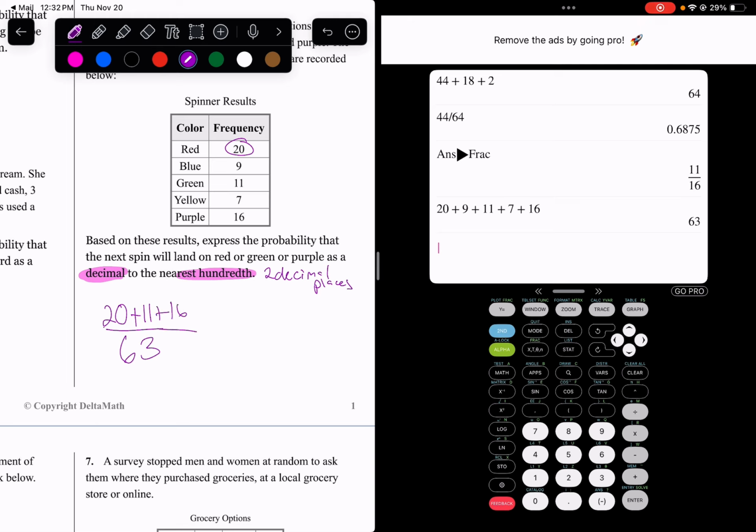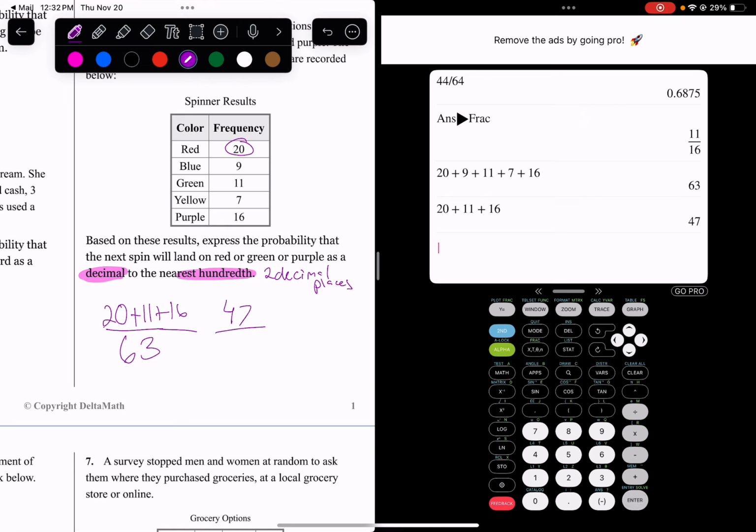So I add up the total number of those occurring. And I get 20 plus 11 plus 16, and I get 47. So I've gotten 47 over 63. And then I'm going to go ahead and simplify this. So I do 47 divided by 63, and I get 0.74603.